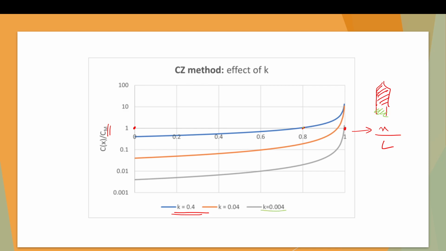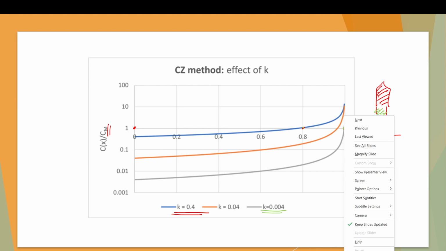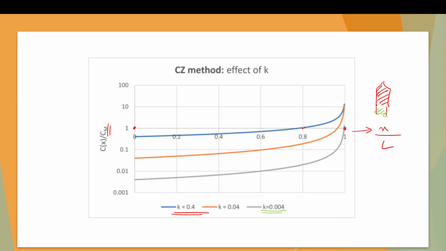But as we go on reducing the distribution coefficient, we see that longer and longer lengths of the ingot will be purer. So now you can get an idea about how the distribution coefficient helps us in achieving more pure silicon. The lower the k value, the better it is for the zone refining method.